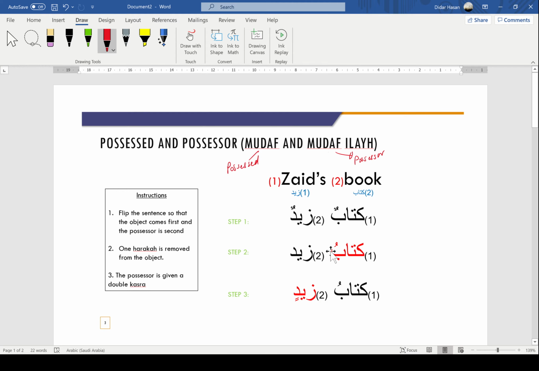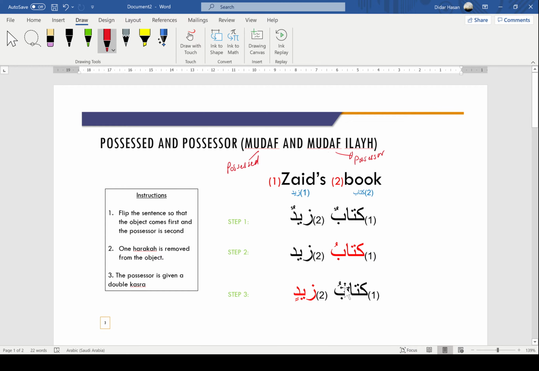Before, kitabun had the double dhamma by default. Now I'll take off one dhamma from the mudaf, the possessed, because the rule is a mudaf can never have a tanween. Tanween is the double dhamma, double fatha, double kasra. So step 2 is that you take off one haraka from the mudaf, the possessed.